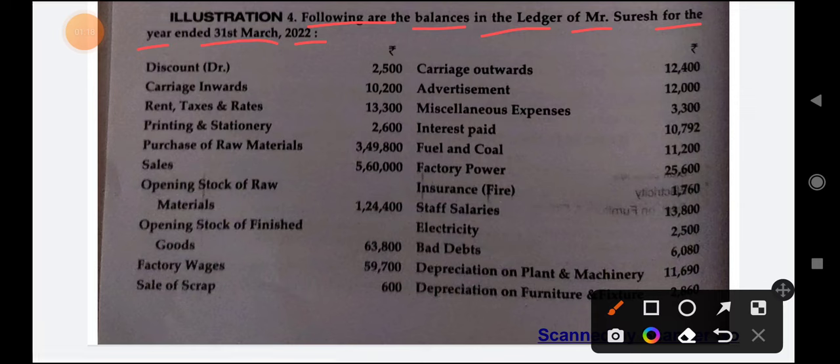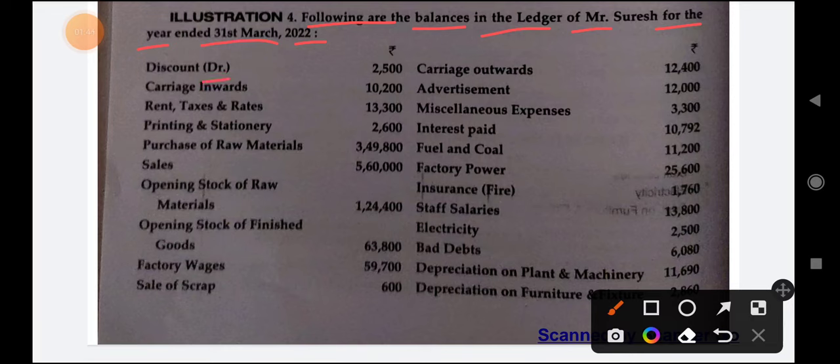And in trading account, when manufacturing account is separately prepared, opening stock of finished goods, closing stock of finished goods and cost of goods produced only will be transferred to trading account from manufacturing account. So let us see the problem.